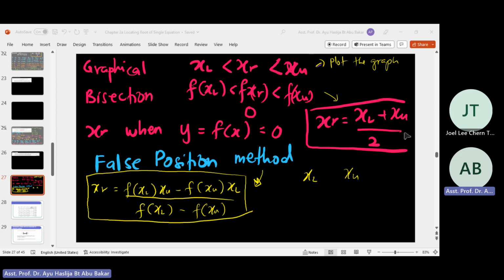It doesn't give you the stopping criterion percentage. This one also, try to do for the three methods, including the graphical, bisection, and also false position. Try all questions using these three methods.